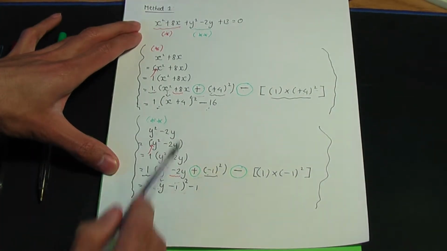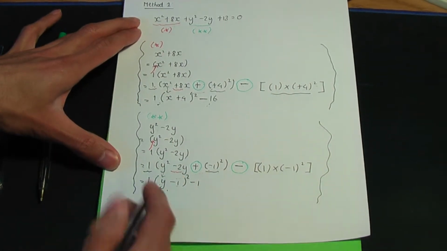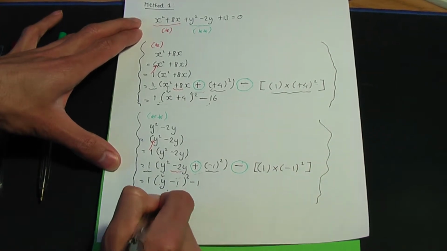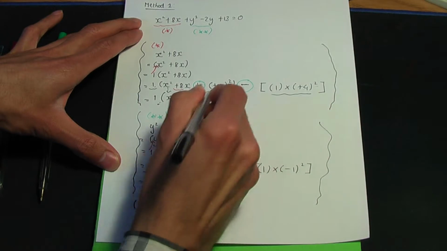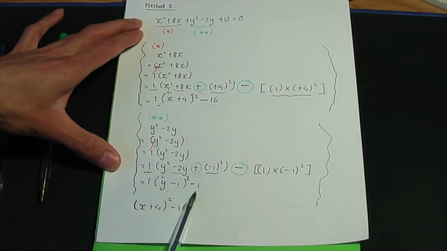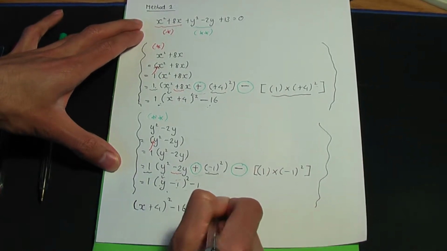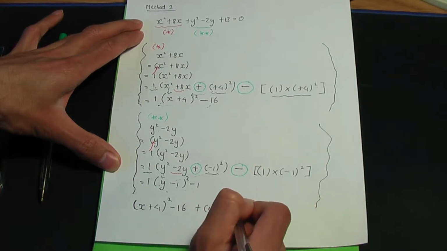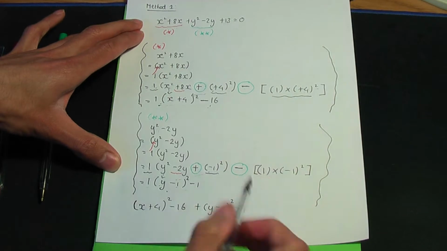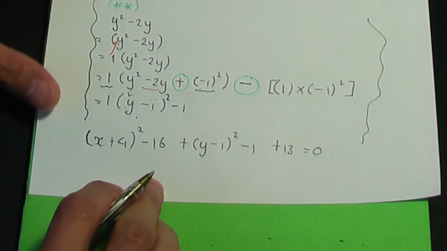So let's implement these into the main calculation. So for star we had, let's copy that down, 1 into x plus 4 squared minus 16, and for double star we had this, in this case it's plus 1 into y minus 1 squared minus the 1, and plus the 13, which is equal to 0.